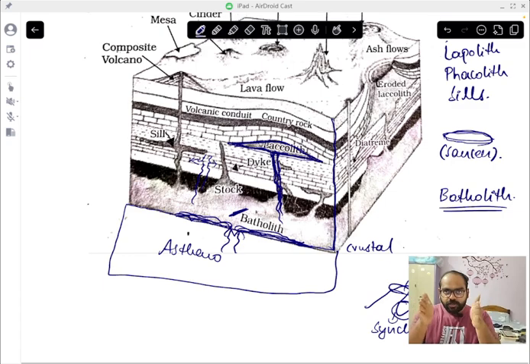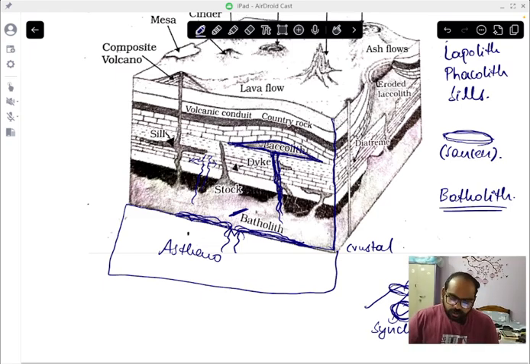There is pressure building upon the plate. One plate is like this, another plate is pushing it like this. When there is pressure on a plate, the rocky material inside the crust gets folded like this. Whenever it is folding, this depressed portion below is called syncline, and the top portion is called anticline. This is one thing.